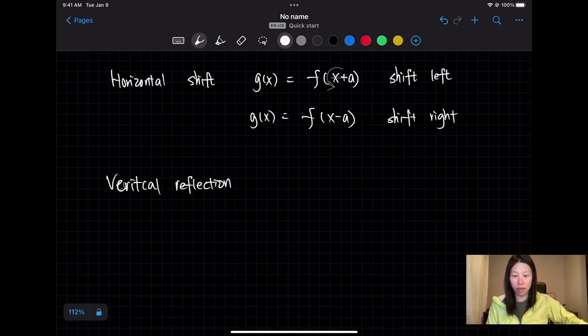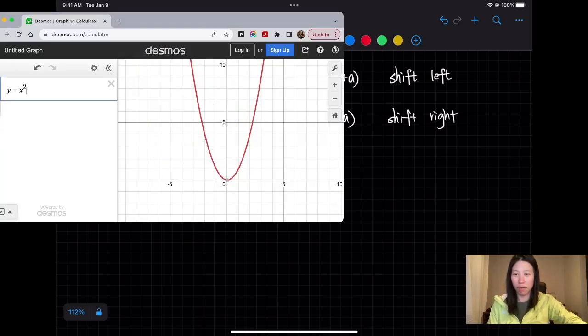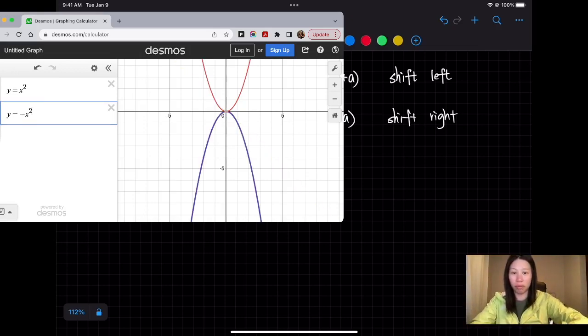Well, now let's take a look at our graph. If I take this as the original function and I want to reflect it vertically, that means it's going to mirror the x-axis. The functions look like this, right? So now the purple one and the red one reflect each other vertically.